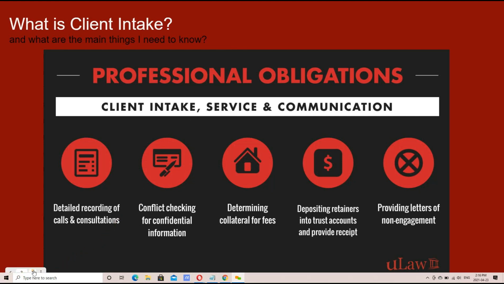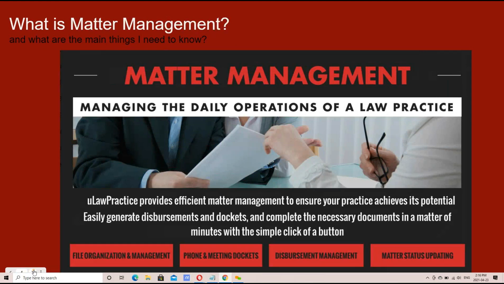Okay? So let's say you've done all the good work. You've taken the client intake and you've proceeded with writing a very clear-cut retainer agreement or an engagement letter agreement. You've signed it, assuming that you've got a retainer as part of that engagement, providing the retainer receipt. Very important.